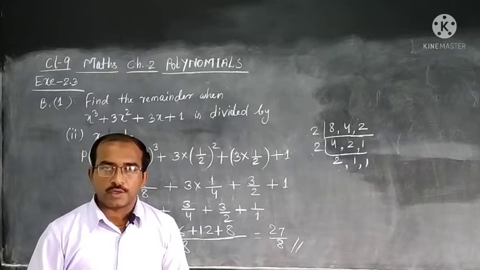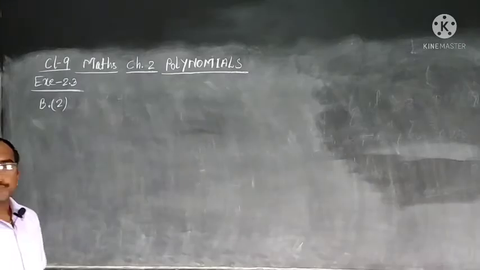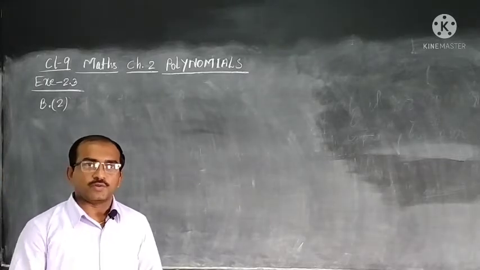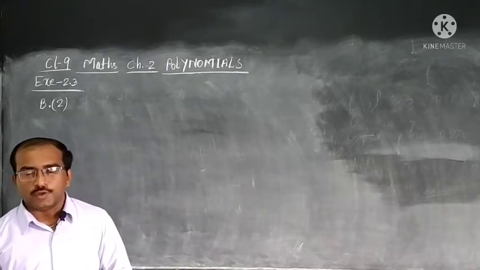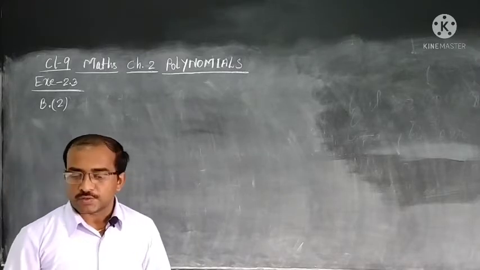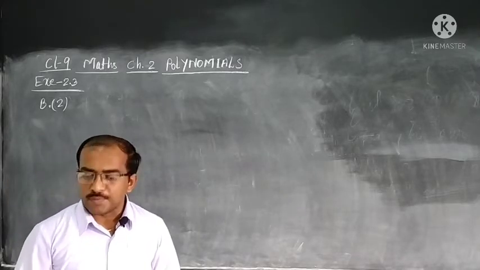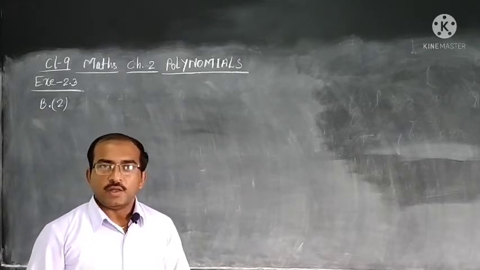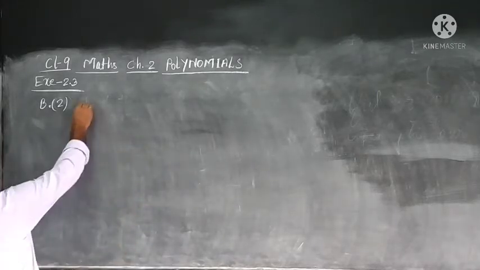We will go now to question number 2. The B2 question is the same kind of question. Once we read it, we will know. Find the remainder when x cube minus ax square plus 6x minus a is divided by x minus a. So, the question is the same. Let us start. We need to find the remainder.